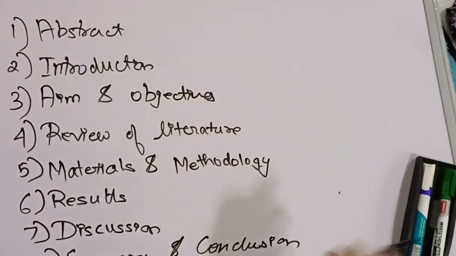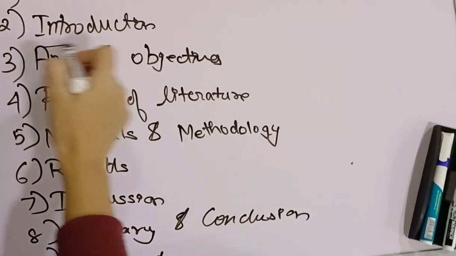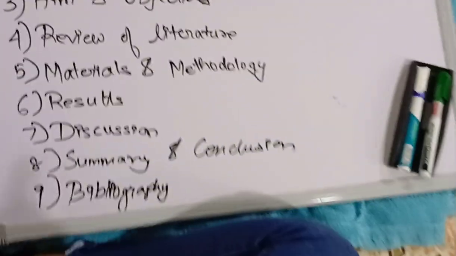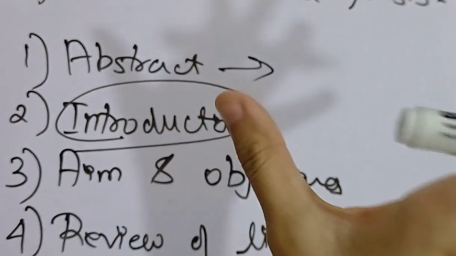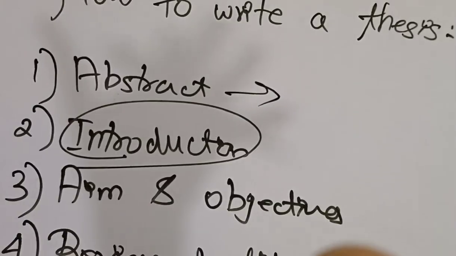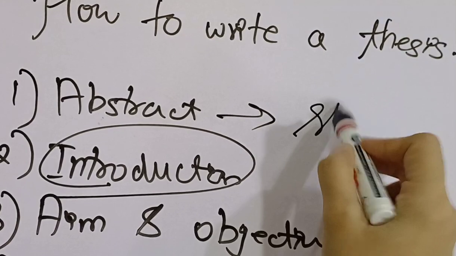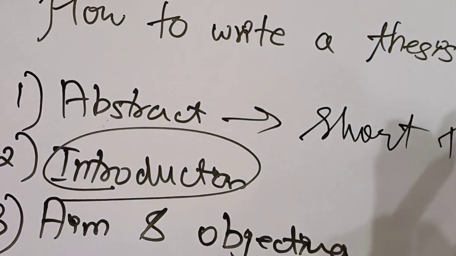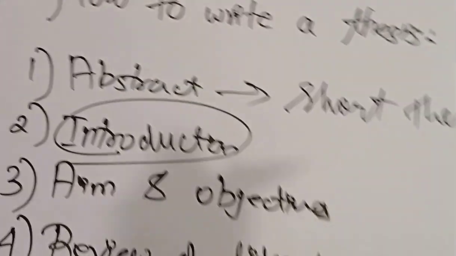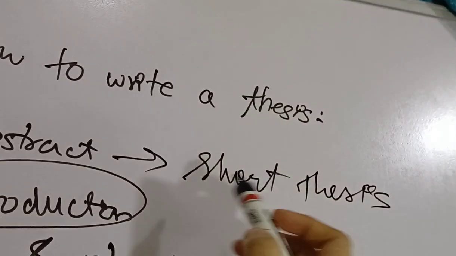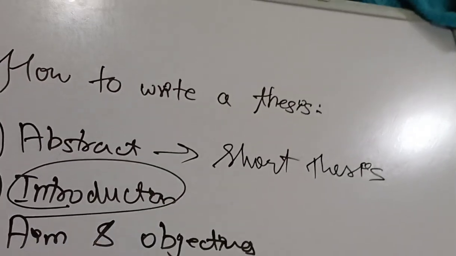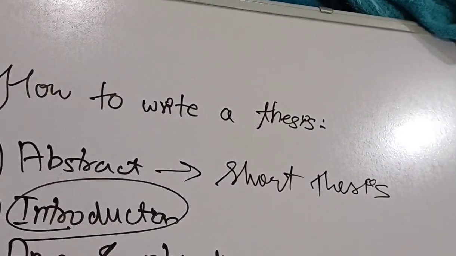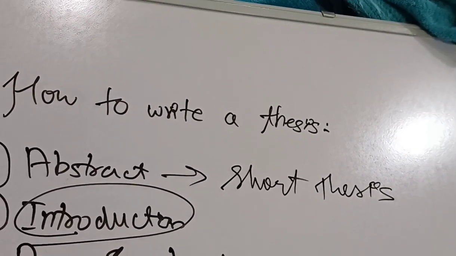Now from this, first you have to start with introduction. So why not abstract and introduction? Because in abstract you're explaining your whole thesis in short. So you should probably write this after you complete the thesis, after you complete your summary and all that.